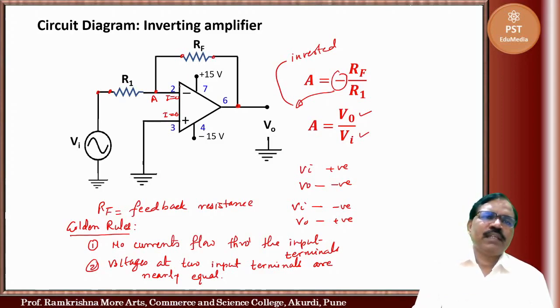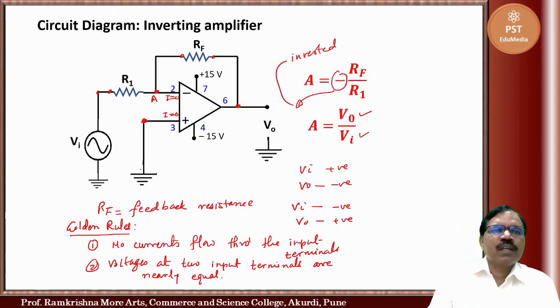So what happens here? If we take this point and this point, these are input points. They must have the same voltages. Now here we have Vp equal to 0. So here at this point Vn will be equal to 0. Means A is at 0 potential. So that's why this point is called virtual ground.